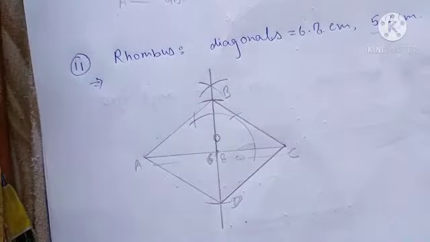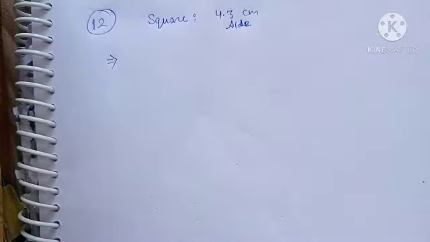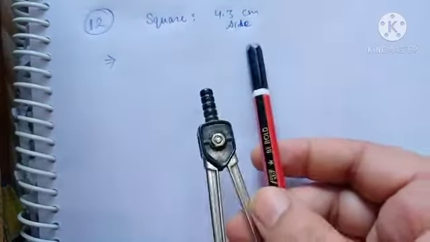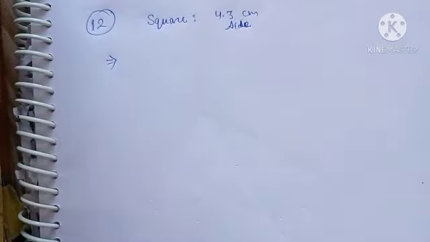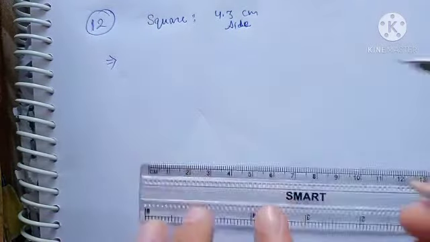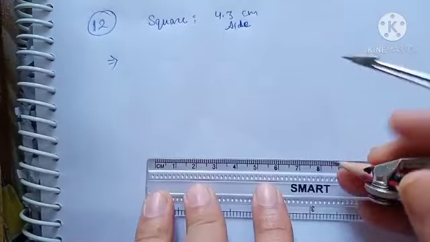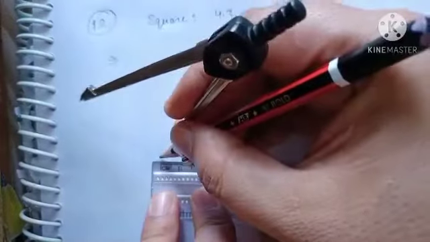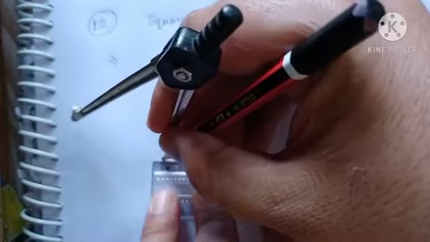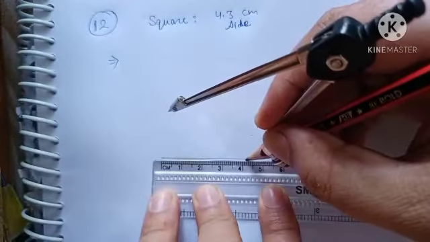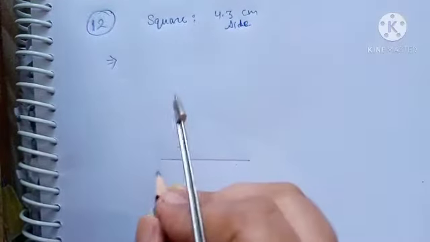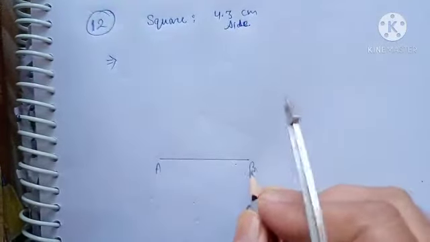Now move to question number 12. In question number 12, we have to construct a square where one side is given, that is 4.3 centimeter. So first of all, we have to construct a side which is of 4.3 centimeter. We have to draw a line segment of 4.3 centimeter, naming AB.